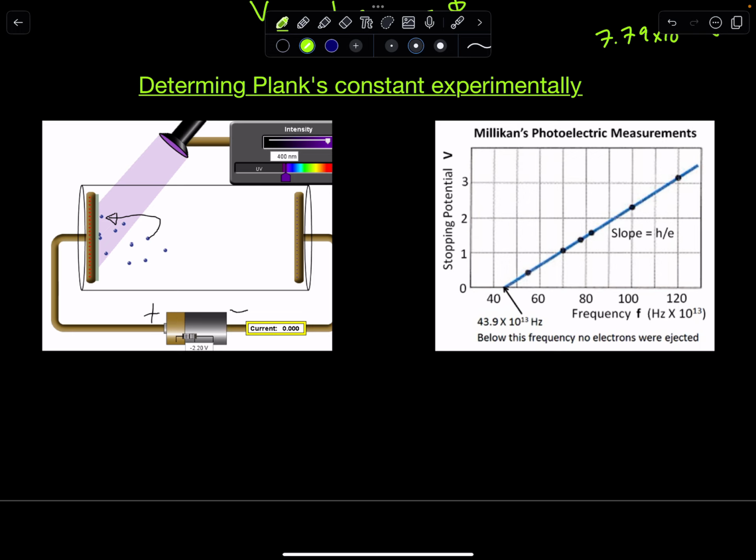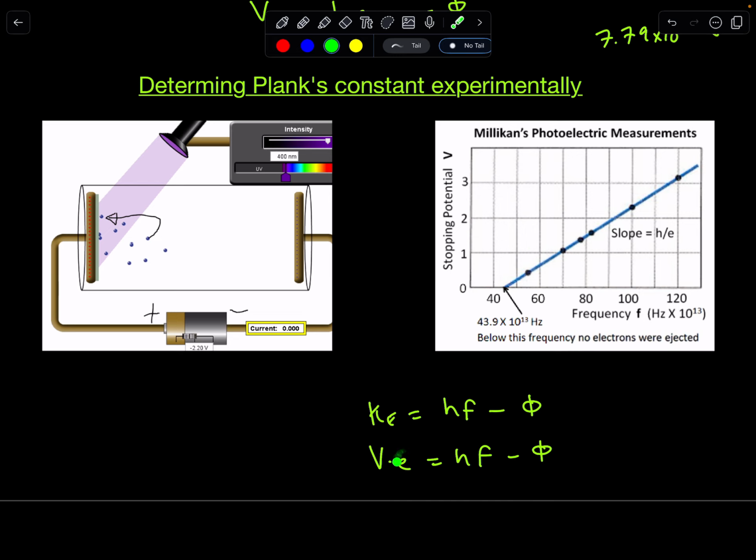If we write this out again, kinetic energy is equal to hf minus the work function, and kinetic energy is the voltage times the charge of an electron. If I linearize this equation according to this graph, I just have to move the charge of an electron to the other side, and I get the voltage is equal to hf minus phi, over e. That explains why the slope of that graph represents Planck's constant divided by the charge of an electron.